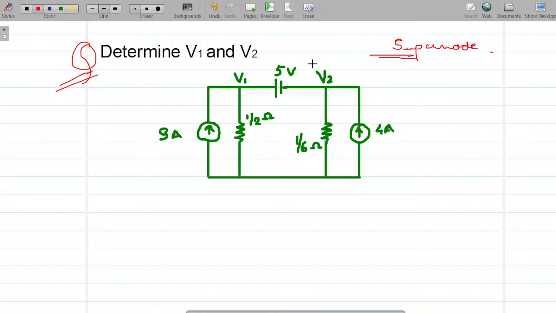Tell me, what is a supernode? Whenever there are two nodes and you encounter an ideal voltage source between them.